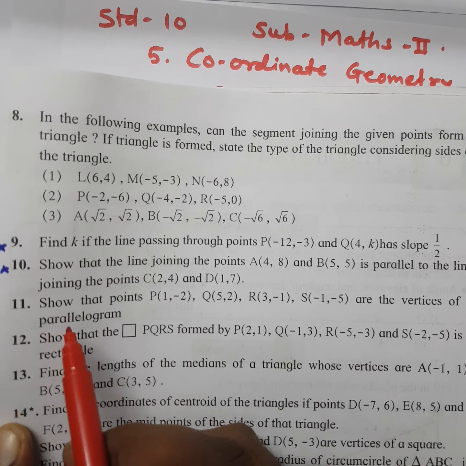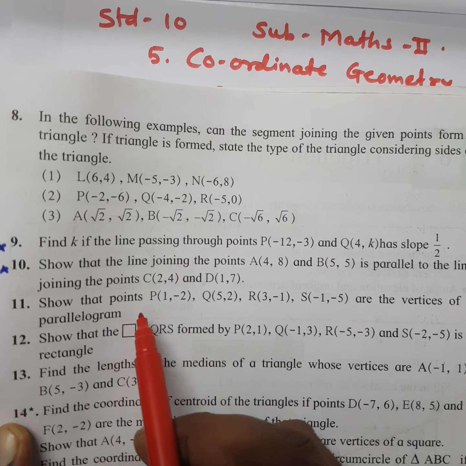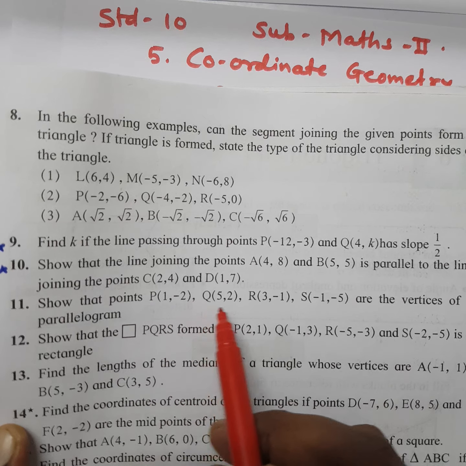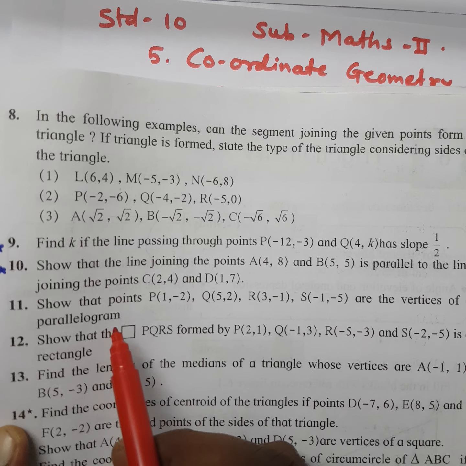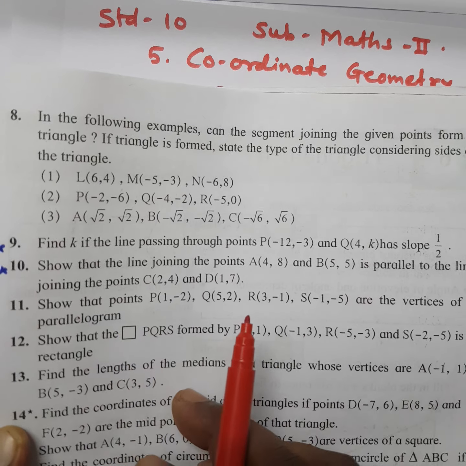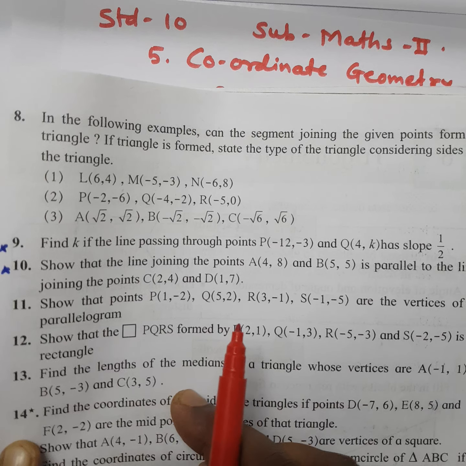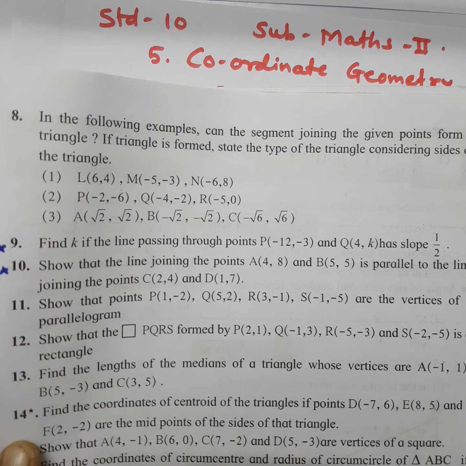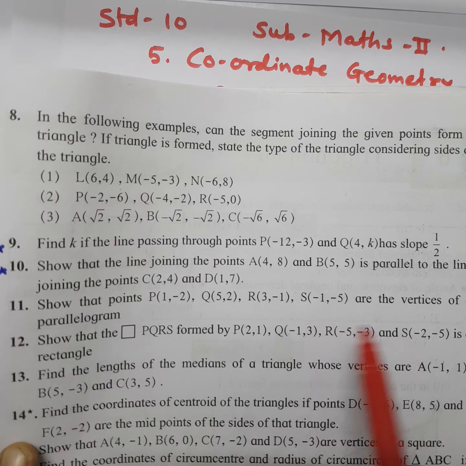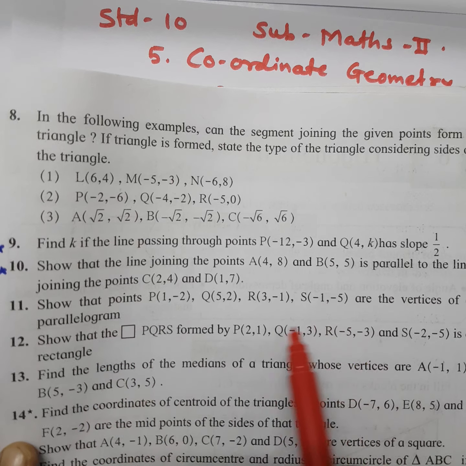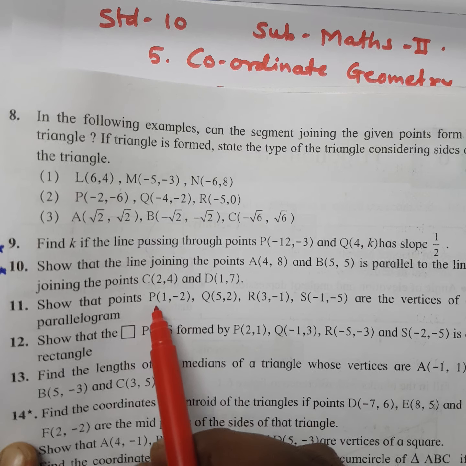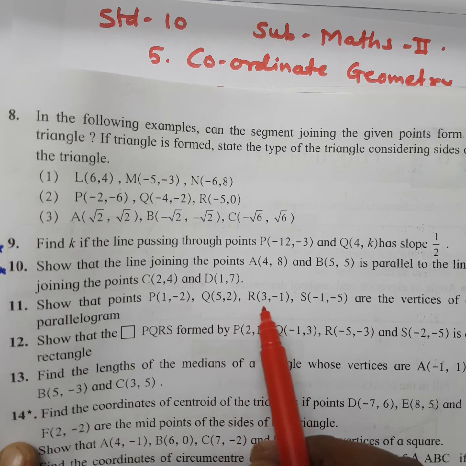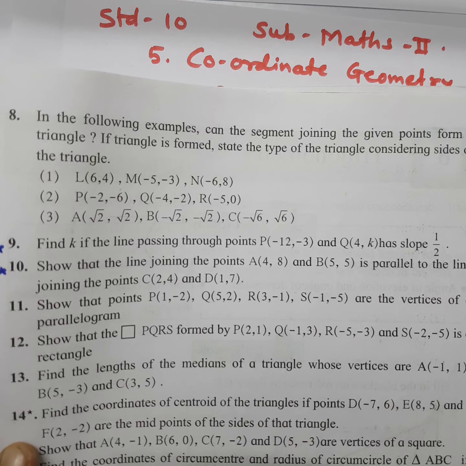Example number 11: show that points P, Q, R, S are the vertices of a parallelogram. We know that the opposite sides of a parallelogram are congruent. Therefore, to prove that a quadrilateral is a parallelogram, we have to find PQ, QR, RS and PS, that is, the sides of the quadrilateral.